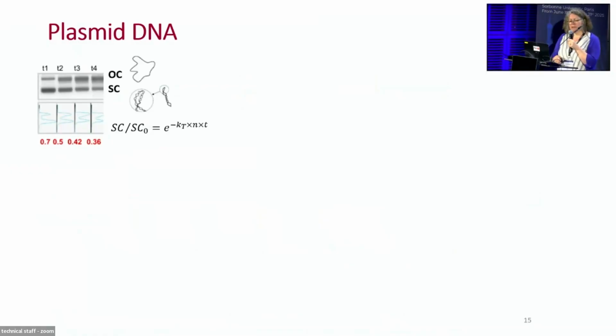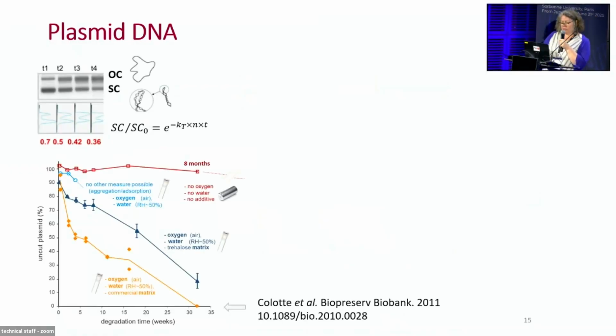With plasmid DNA, we conducted this experiment at room temperature for 8 months, and we published this. And we compared different conditions. At that time, we compared the capsule with DNA that was dried inside plastic tubes, either with just buffer, or with a Trielo's matrix, or a commercial matrix.